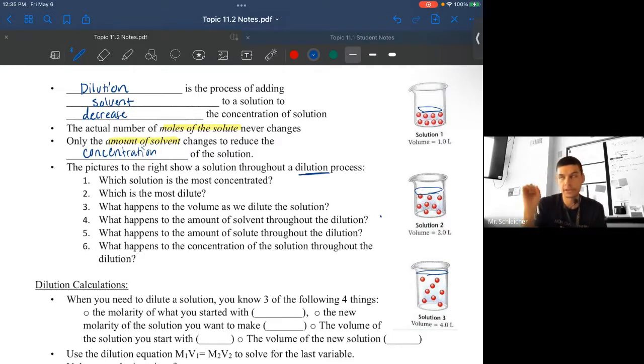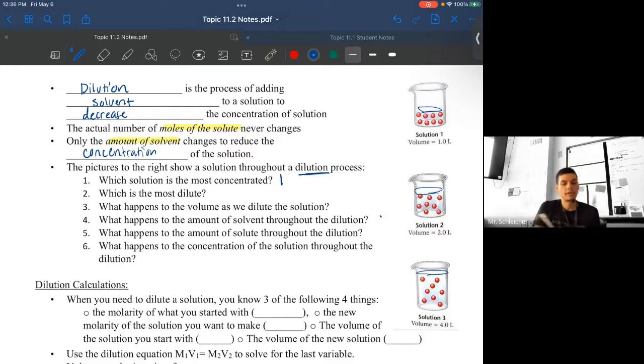Do you think it's 1, 2, or 3? I said the most concentrated, so it has the most solute for the amount of solvent that's there. Probably 1. You can also think about it like there's less space for those solute molecules. They're all smushed together. So we're going to say 1.